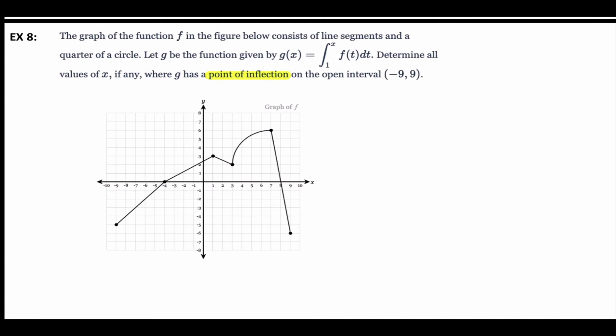Okay, so point of inflection. Point of inflection is where G double prime is 0, right? G double prime is 0.